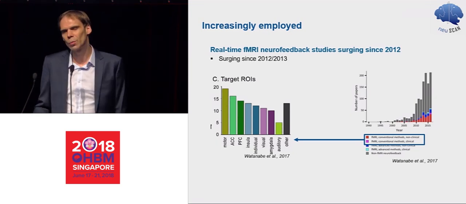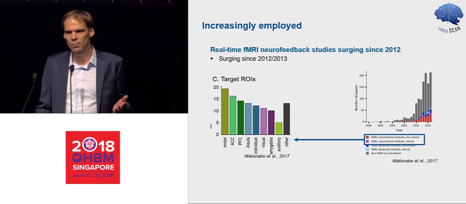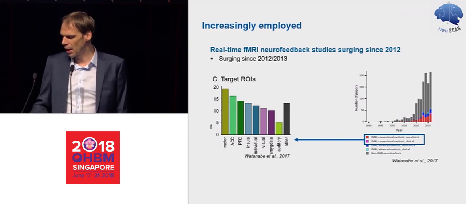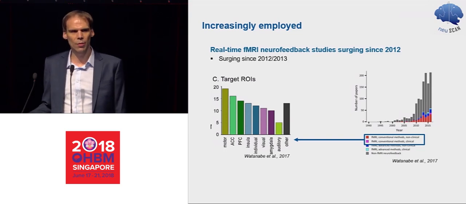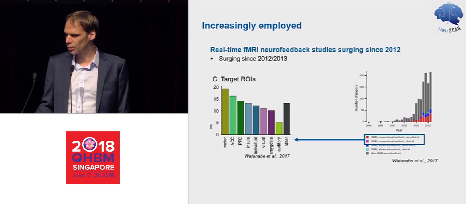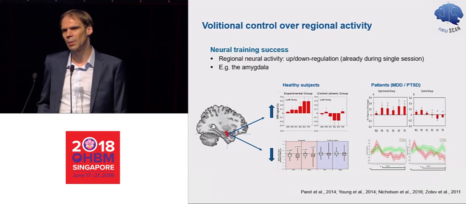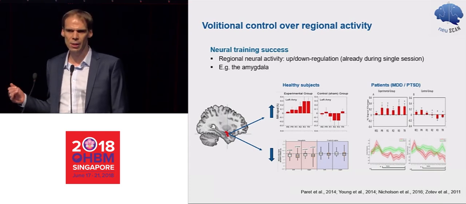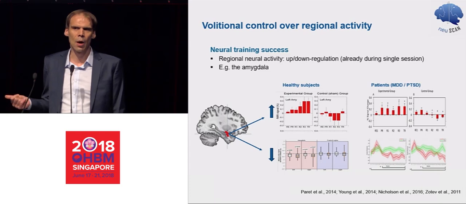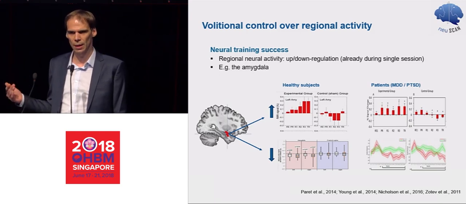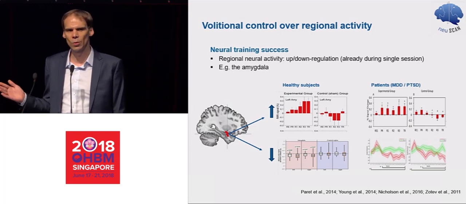What is also important is that subjects can often learn in one session, that means around 20 minutes of neurofeedback, to change the activity in these specific regions. If we look, for example, at the amygdala, which is one of the regions often used as a target region during these kinds of trainings, we see that healthy subjects as well as patients can usually learn to upregulate this region as well as downregulate it. In these previous studies, it's usually 4 or 5 runs of training, subsequent in one session, and each run takes 4 or 5 minutes.